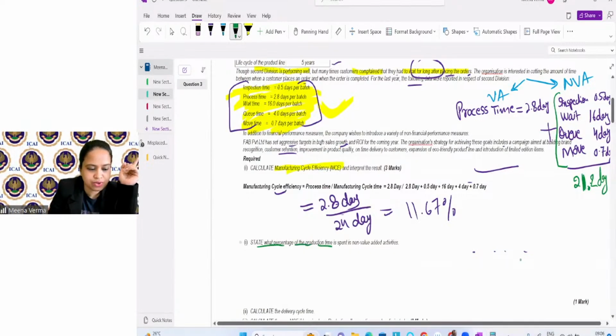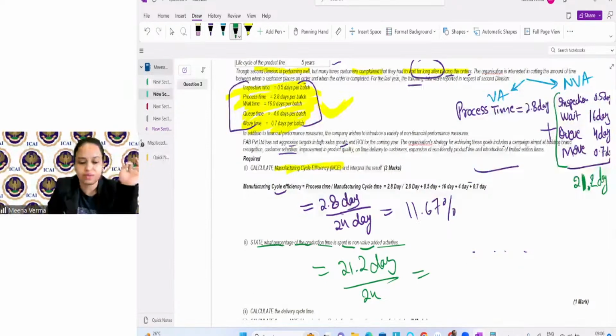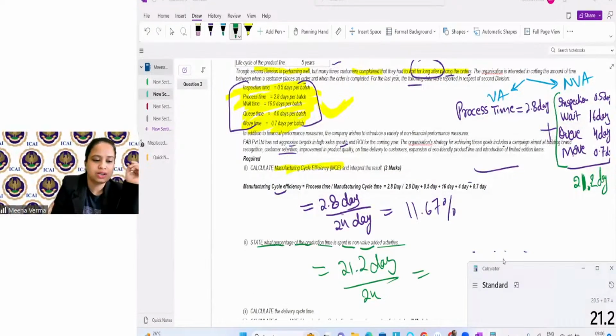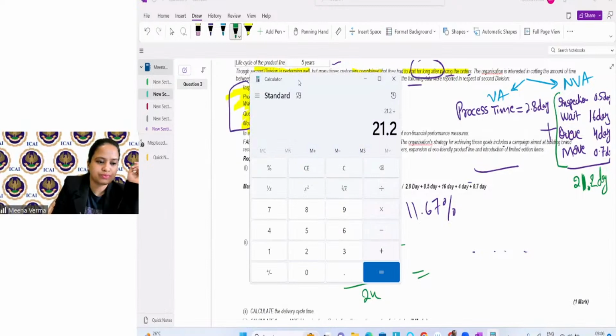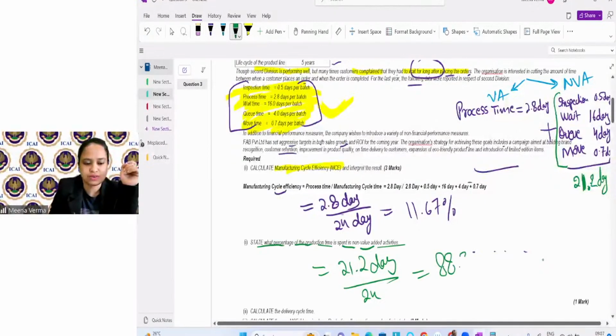What percentage of the production time is spent on non-valued activity? How much time are we spending on non-valued activity? 21.2 days out of 24 days. Divided by 24, how much is it coming? 88.33% of the time we are wasting.